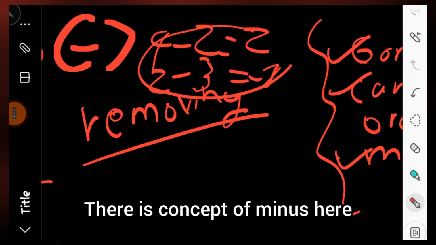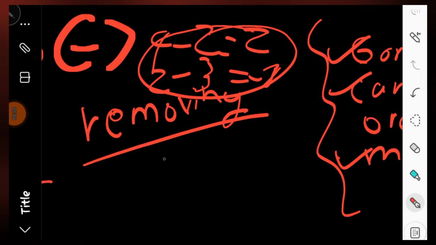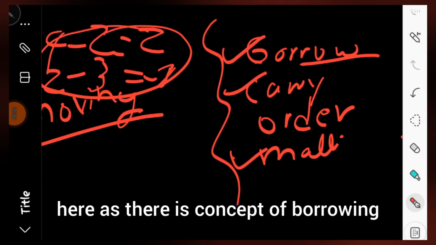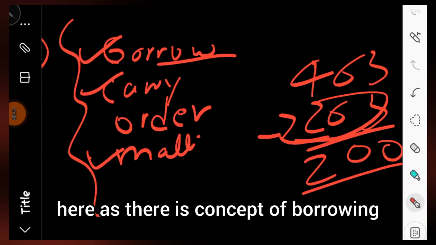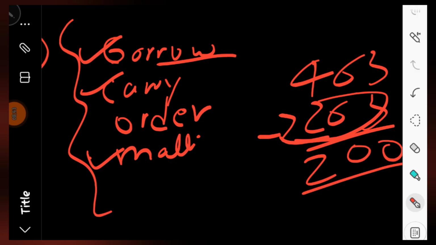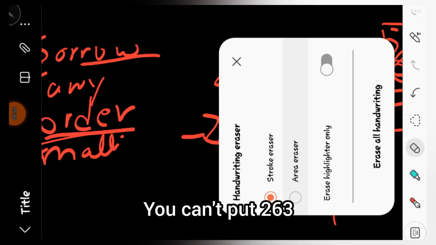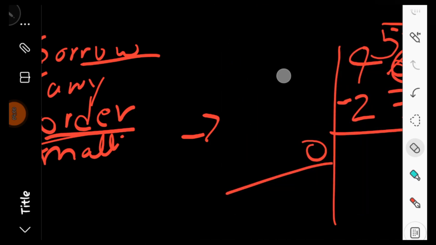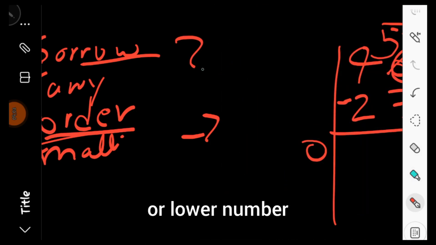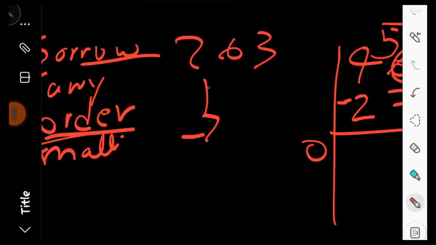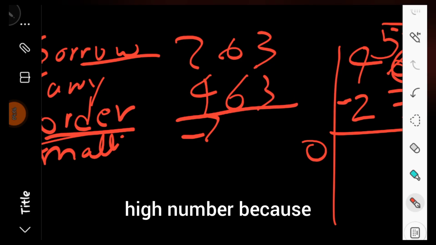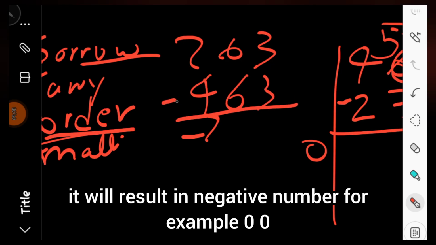There is a concept of minus here. Now here, as there is a concept of borrowing, order is very important. You can't put a lower number over a higher number because it would result in a negative number.